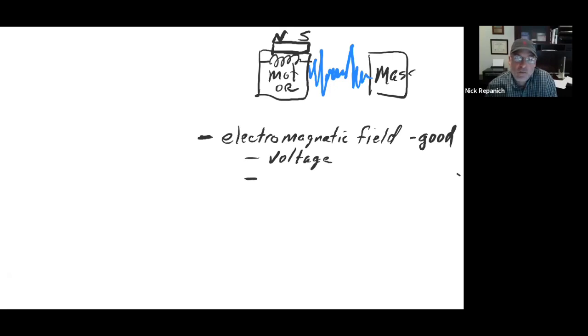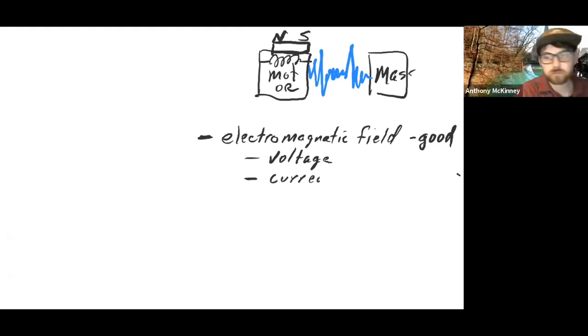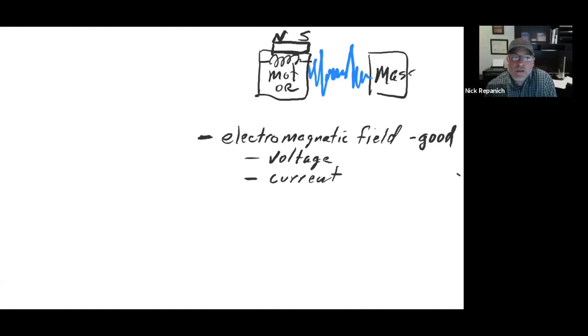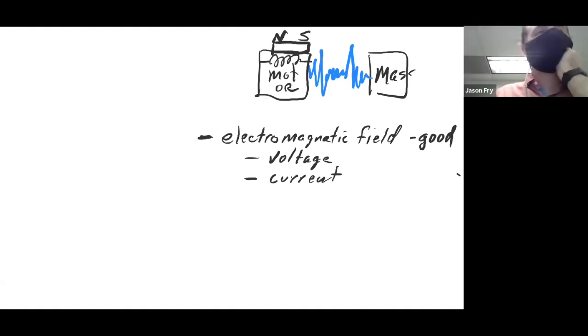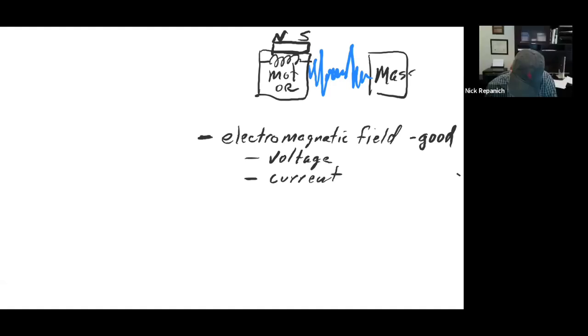The electromagnetic field isn't proportional to the voltage. The voltage has more to do with how the current changes, right? So current is what you have control over. If we go back to that B-H squared or something, I think current is pretty proportional to the strength of the field. So you've got control over that.